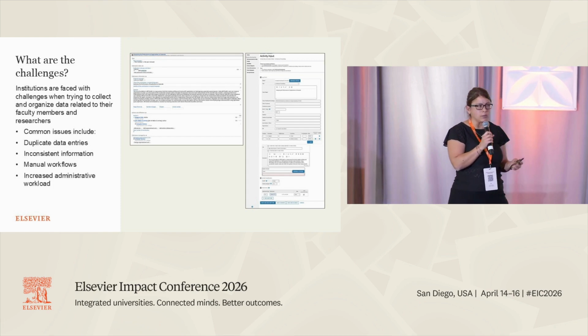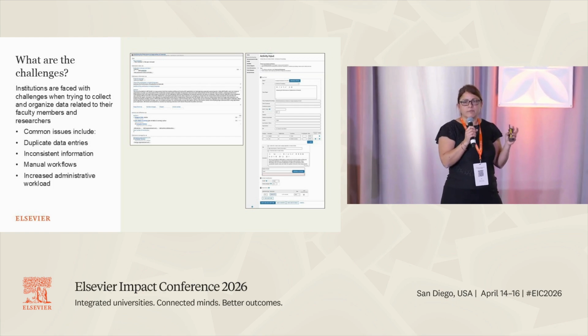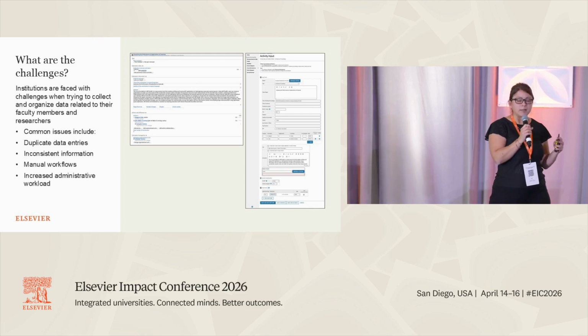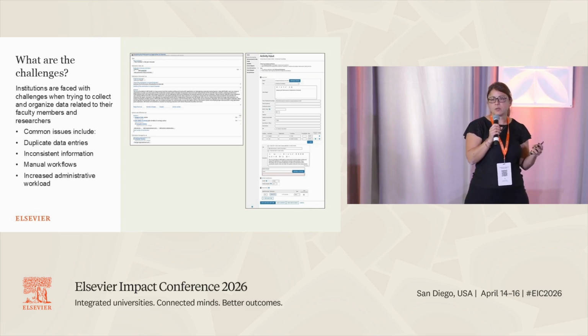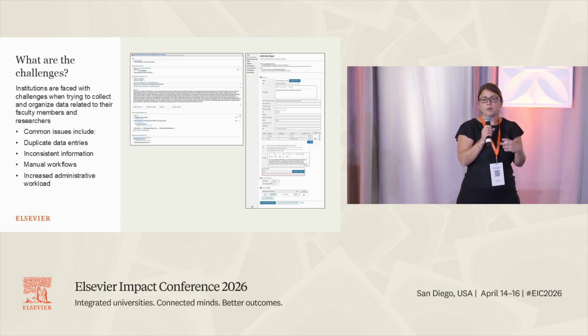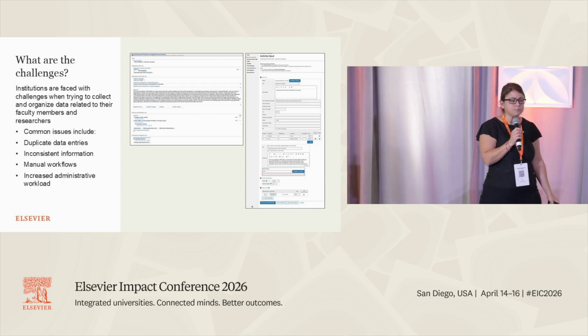Inconsistent information, because if the systems have different purposes or focus on different use cases, it might be that the data collected is the same, but is a bit different between one system and another. And then it becomes more difficult to reuse the data downstream for different processes or workflows.